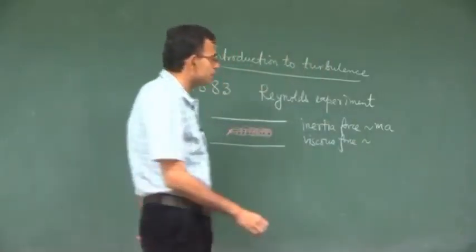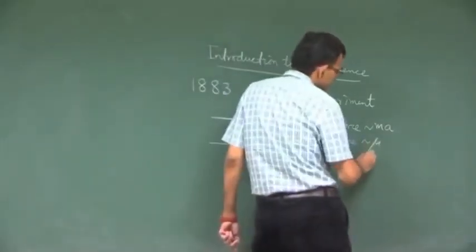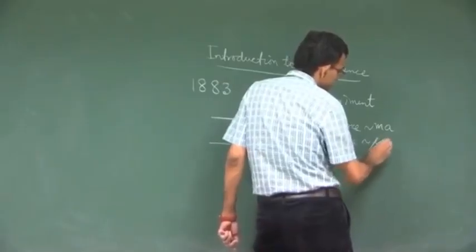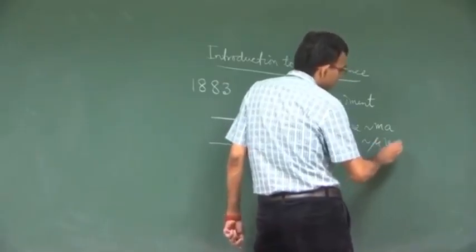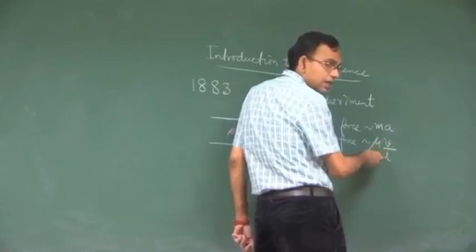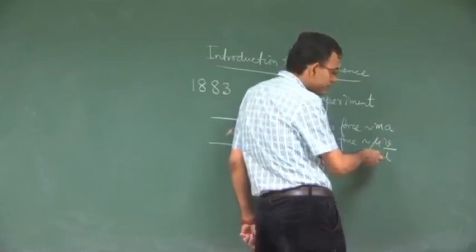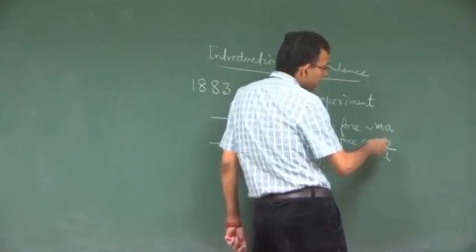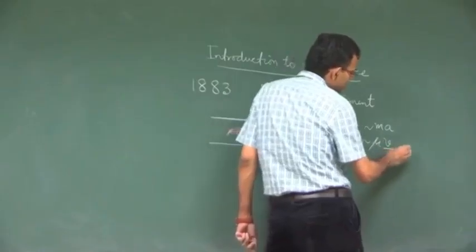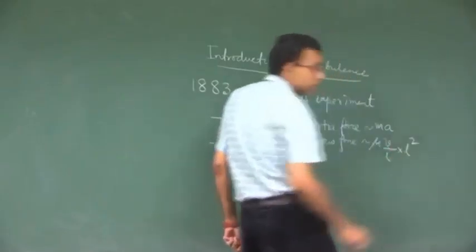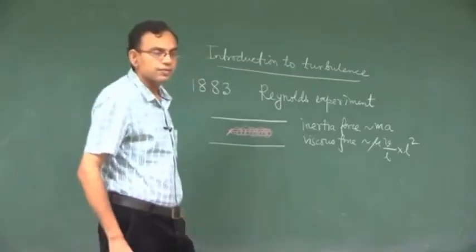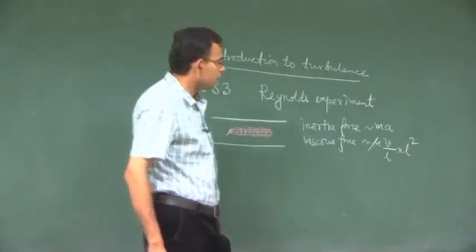So, viscous force is viscous stress times area, where V is the velocity scale and L is the length scale of the problem. So, mu V by L is the shear stress, times area, which is length square.